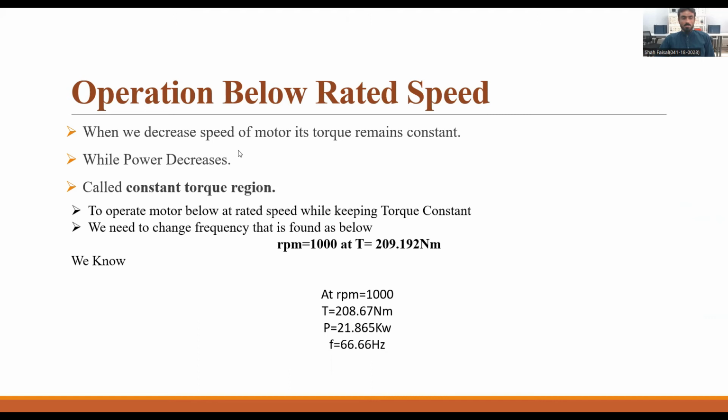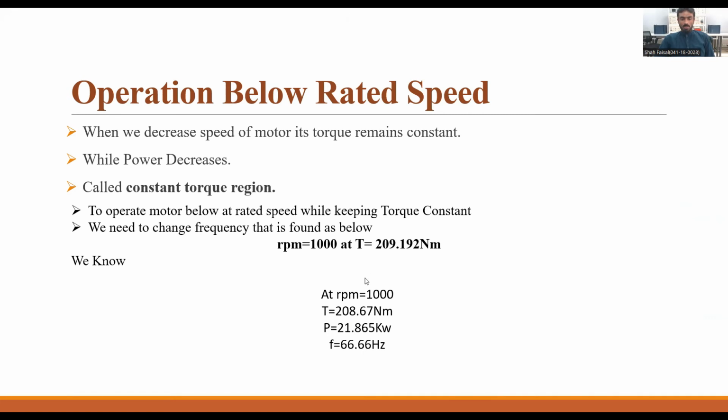Below rated speed, when we decrease the speed of the motor, its torque remains constant while the power decreases. This region is called the constant torque region. To operate the motor below its rated speed and keep its torque constant, we need to change its frequency accordingly.